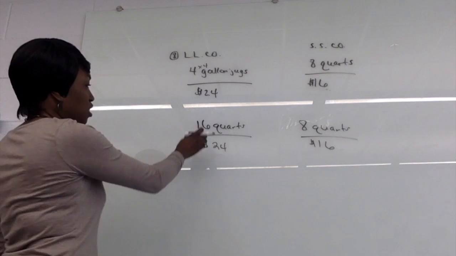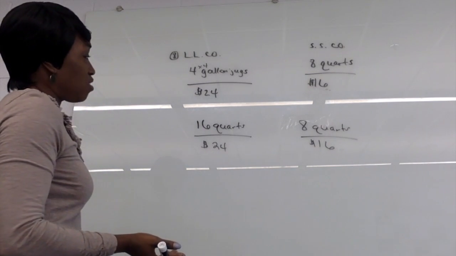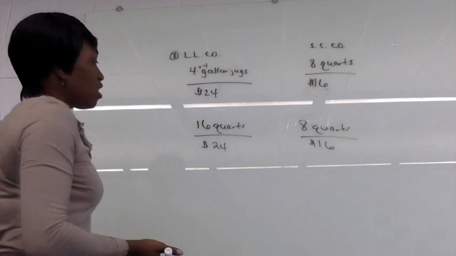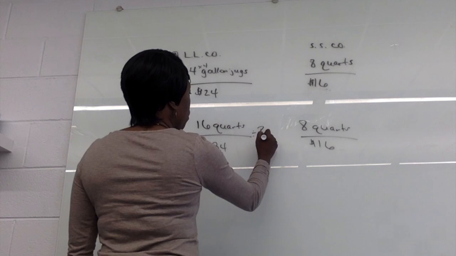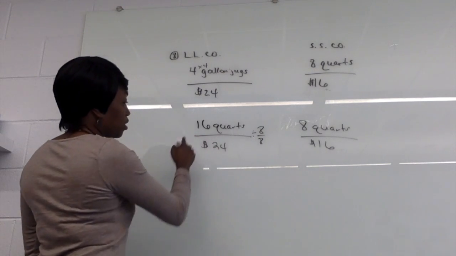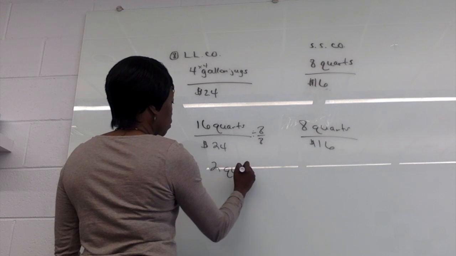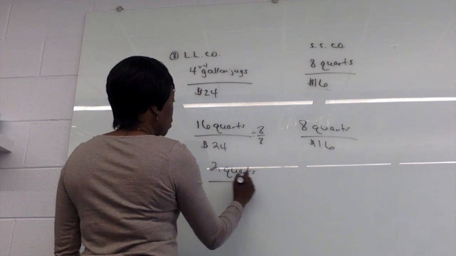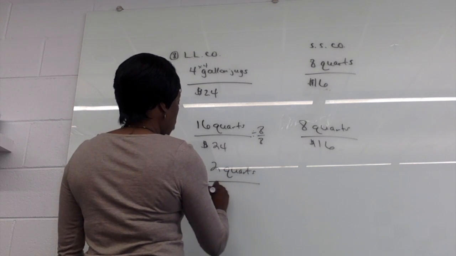Now when we look at 16 and 24, we want to think about what has the greatest common factor. And in this case, it's going to be 8. So I'm going to divide by 8 in my numerator and 8 in my denominator. 16 divided by 8 will be 2 quarts. 24 divided by 8 would be $3.